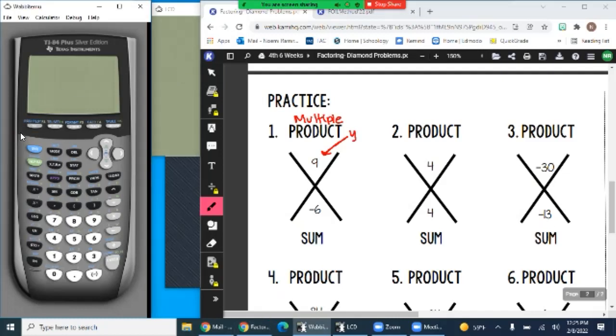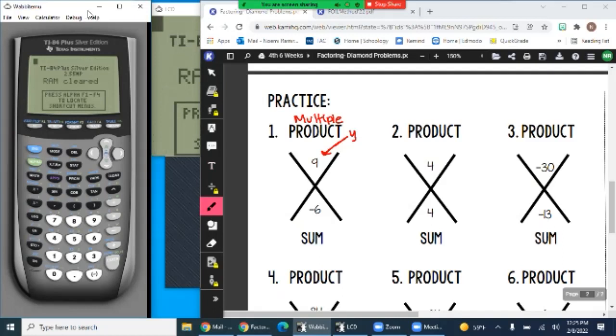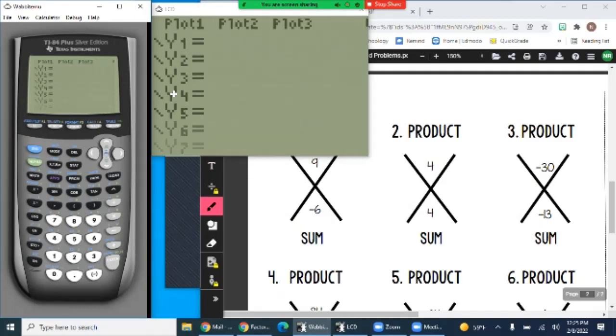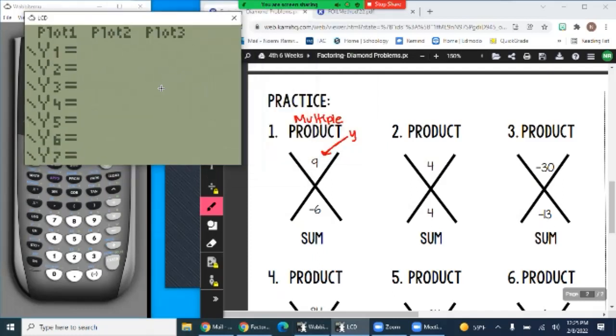All right, let's say I go to y equals. Let me reset my calculator because I am doing the video on this. Let's say I go to y equals, what do I put and where do I put it? It's always the one that you're trying to find the factors of divided by x.